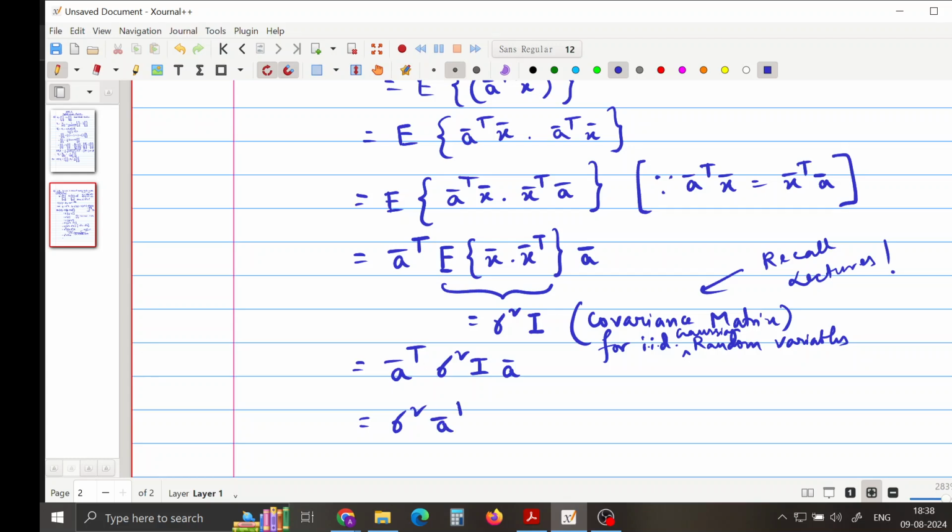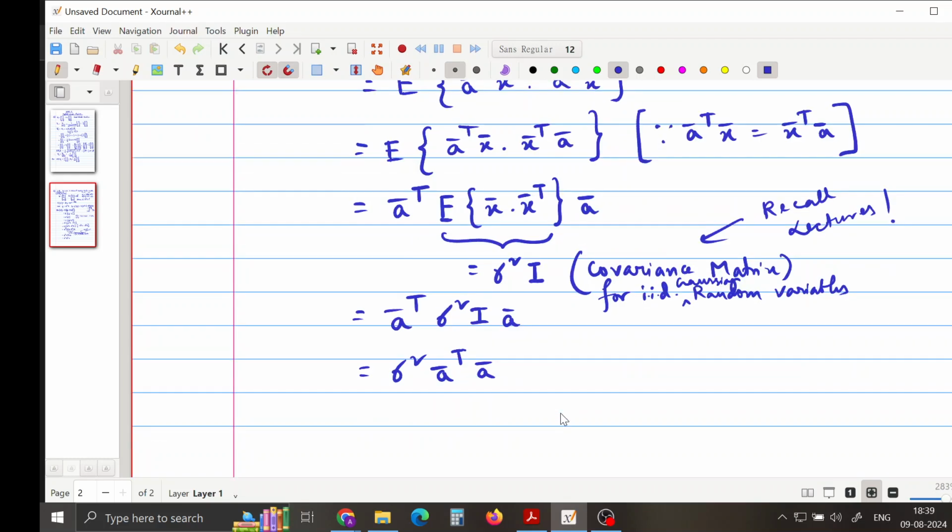And A transpose, an identity matrix acting on a vector A gives me the vector A back, right? And what is A transpose A? How can I rewrite this? Remember, A is that vector of A1, A2, so on till An. So what does A transpose A denote?